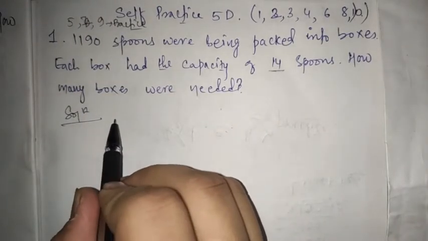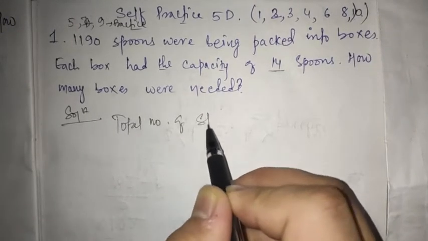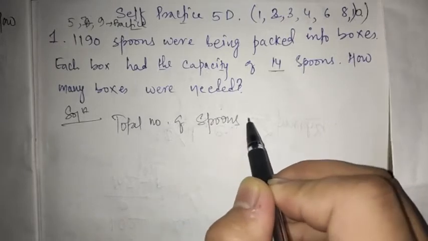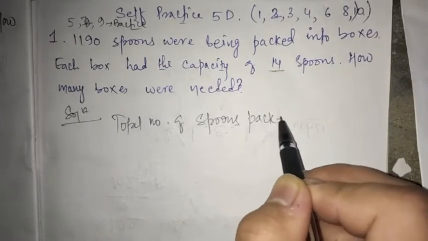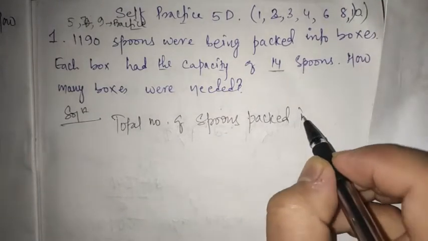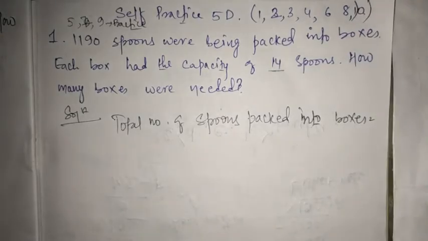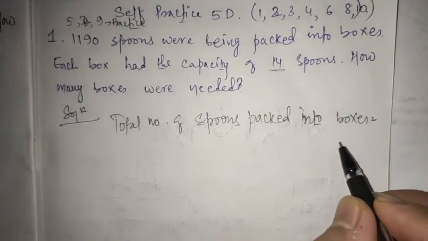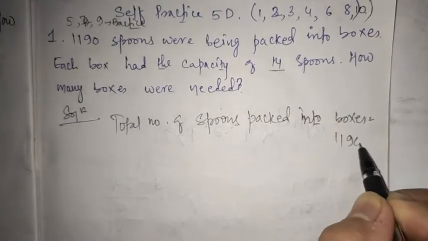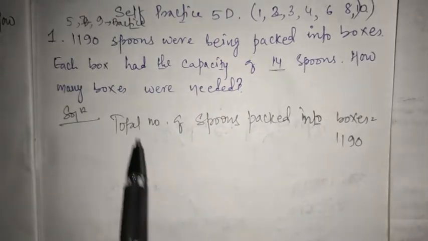So just use the concept that the total number of spoons packed into boxes is 1190. Okay, so what is the capacity of the box?